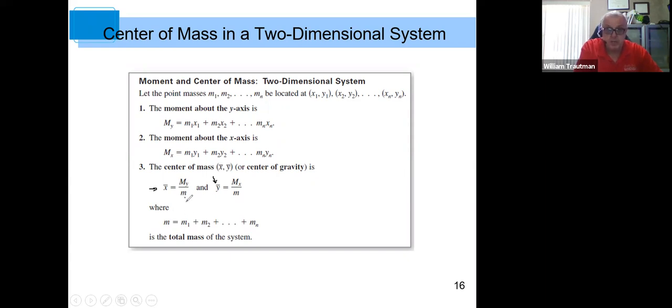And don't forget, m is just adding up all the masses. All right, so we definitely need to write these formulas down. All right, let's go to a problem.